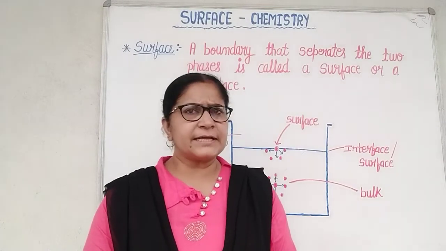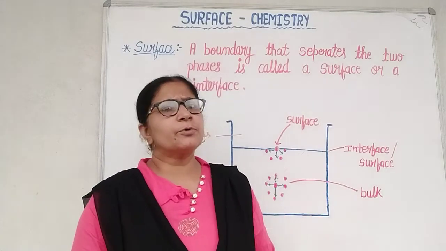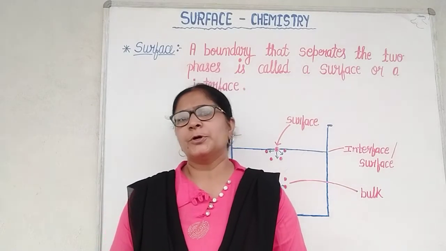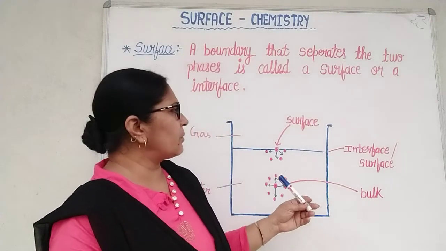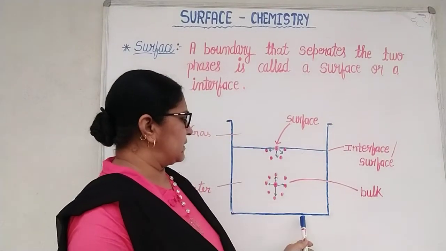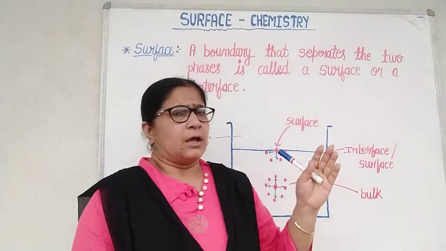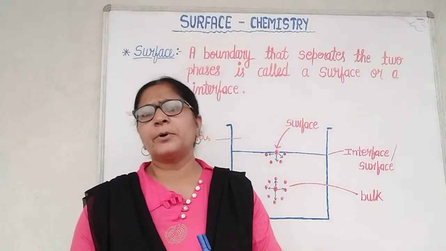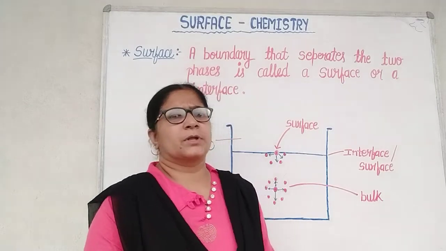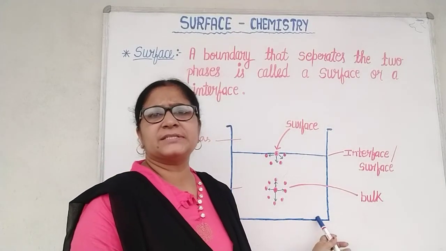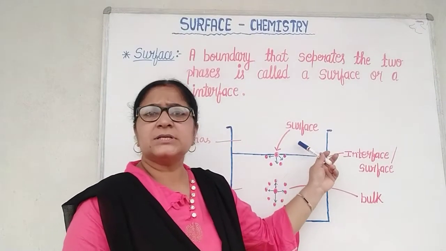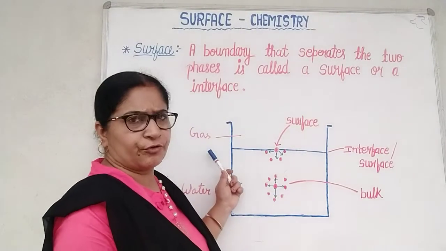Now let us take an example so that we could understand this concept more effectively. Suppose we have considered a vessel, right? This vessel is filled with a particular liquid, water, which is present in the liquid phase, and above it is the gaseous phase.